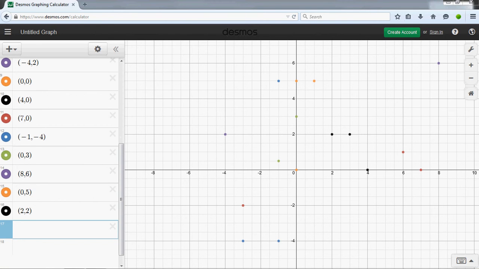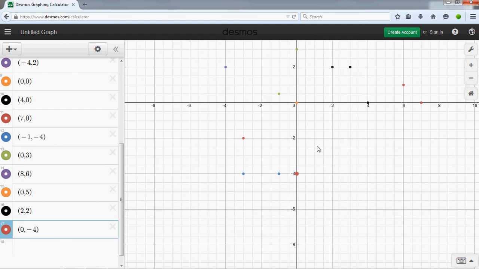Now what about (0, -4)? So we go over 0 on the x-axis, and we go negative 1, 2, 3, 4 on the y-axis. And there we go. Now what about (-9, 0)?